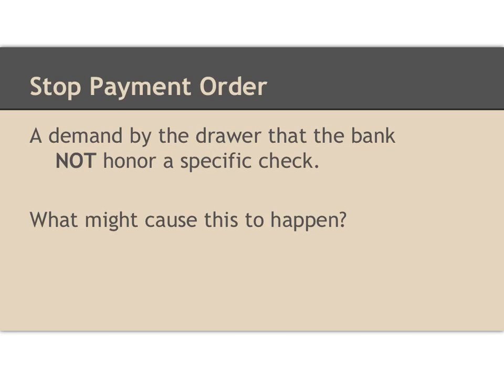First of which is what's called a stop payment order. A stop payment order is a demand by the drawer, that's you, that the bank not honor a specific check. You are asking your bank that when that check returns to you, if that check ever returns to the bank for payment, that the bank not pay it.